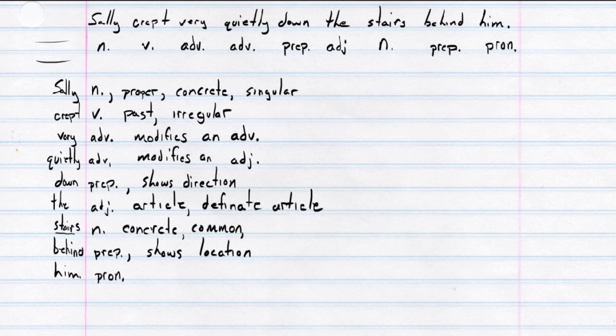Is stairs singular or plural? Plural. We said a set of stairs. Now we'd have a singular one. Set would be a collective noun. Behind, that's a preposition. We've already filled that out. Him is a pronoun. It's an object pronoun. And third person.